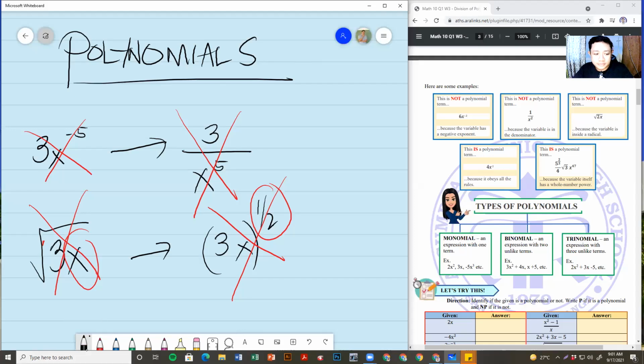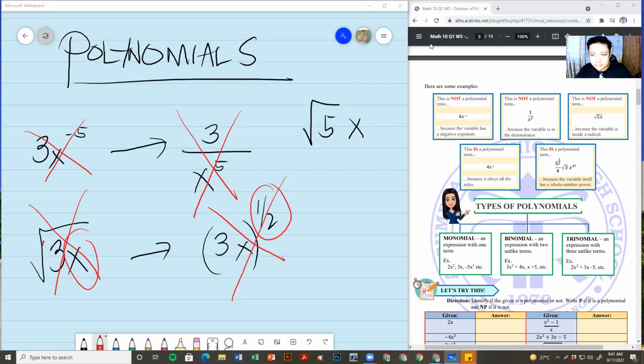However, if we have it like this, for example, square root of 5x, is this a polynomial or not? Wait for your class. Is this a polynomial or not? Type your answer in the chat box, please. Is this a polynomial or not?